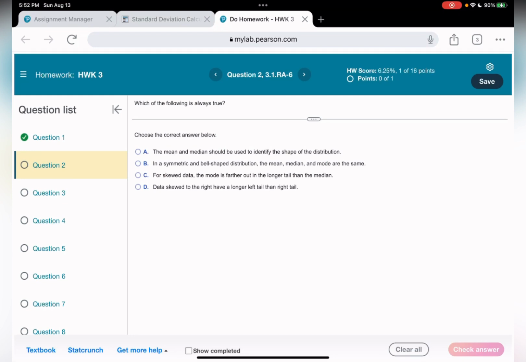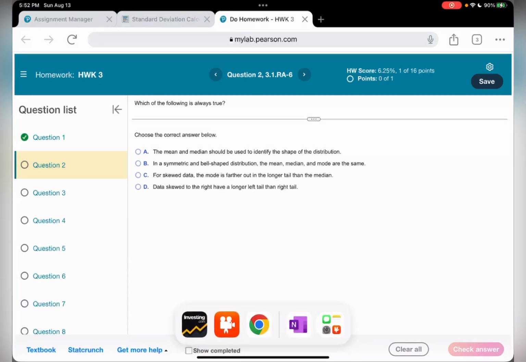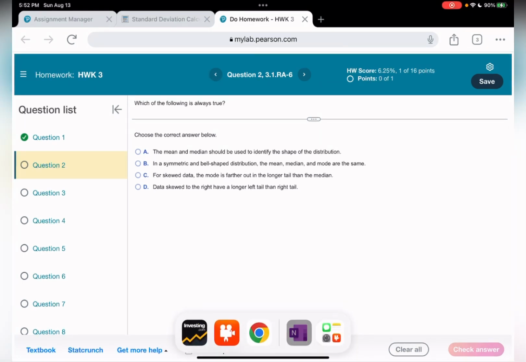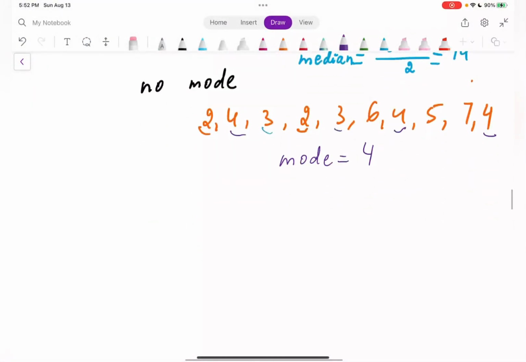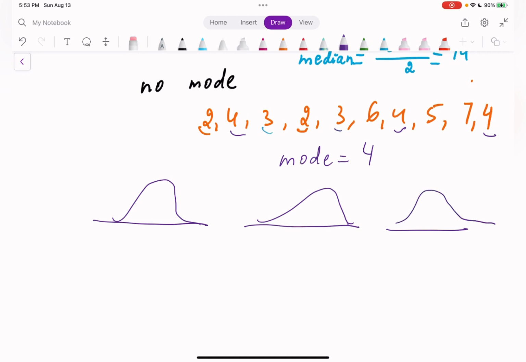What of the following is always true? The mean and median should be used... Oh, one very important thing. Data can be distributed bell-shaped, meaning symmetric, they can be distributed skewed to the right, and they can be distributed skewed to the left.